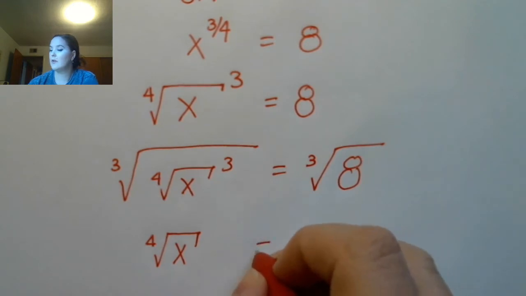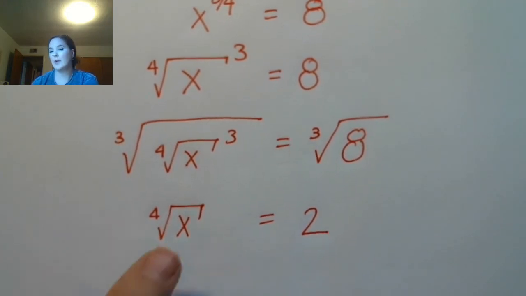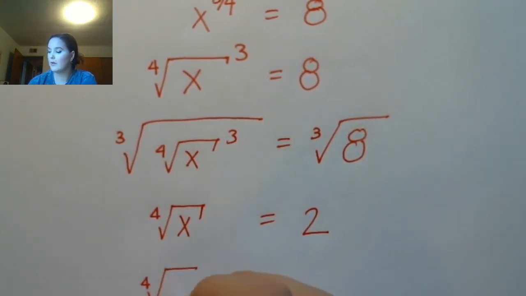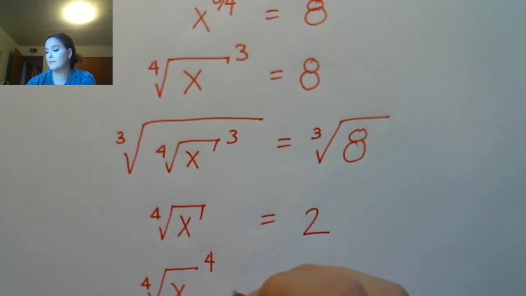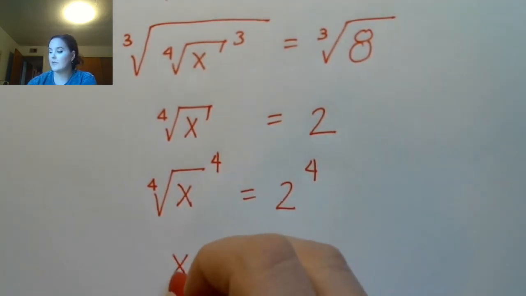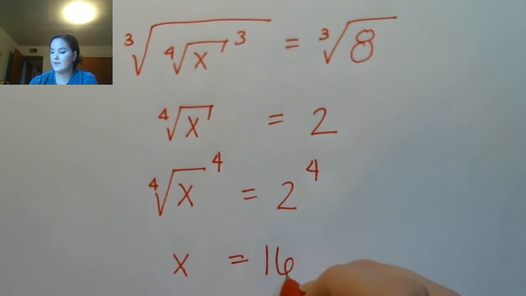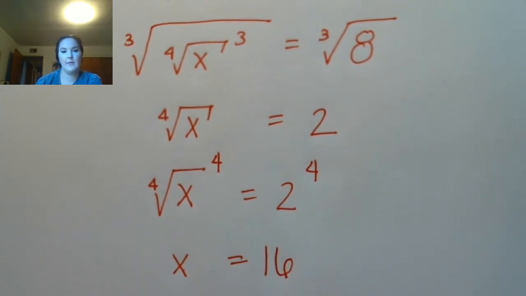The cube root of 8 is 2. Now if I want to get rid of the 4th root, I'm going to use the 4th power. 4th root of x to the 4th is x. 2 to the 4th is 16.